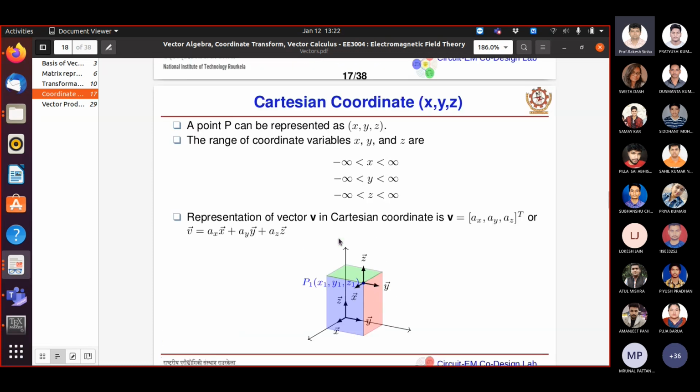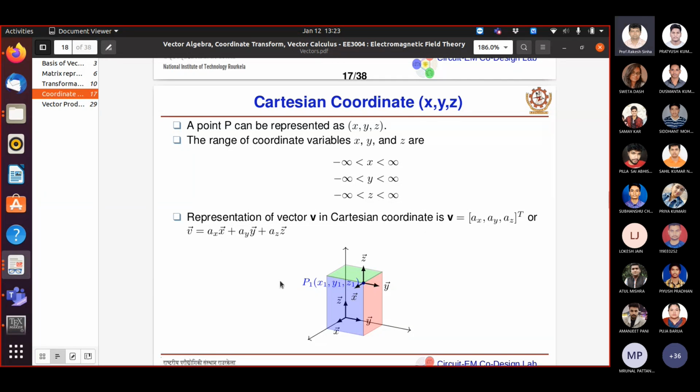For example, the coordinate variable x for the Cartesian coordinate system varies from minus infinity to plus infinity. Similarly, in the y direction it also varies from minus infinity to plus infinity, and the z variable varies from minus infinity to plus infinity.